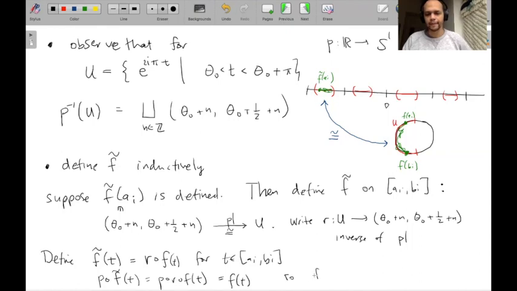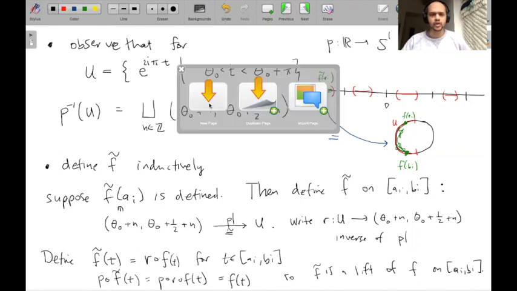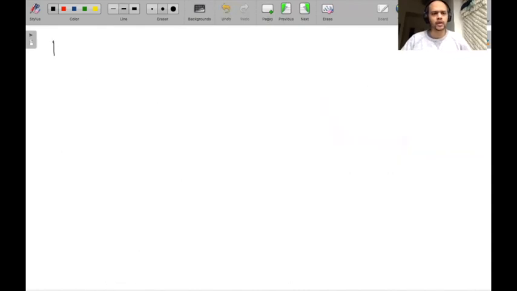So f tilde is a lift of f, at least on the interval a_i b_i. Right, and so this is the construction. So note that f tilde of 0 is 0, which starts the induction.